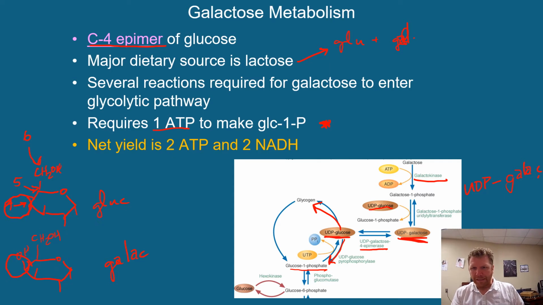Now, what that means is that if you input galactose, yeah, there are other steps along the way, but our net yield is 2 ATP and 2 NADH. And that might sound like, well, that can't be right. But remember, this step right here, galactokinase, what are we doing? We're taking a 6-carbon sugar and we're phosphorylating it.